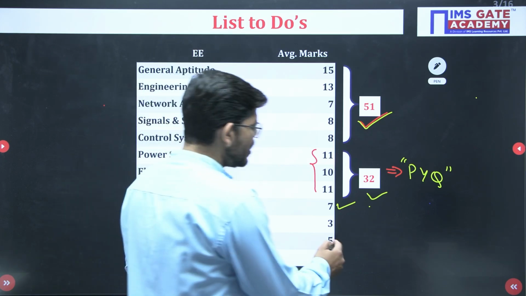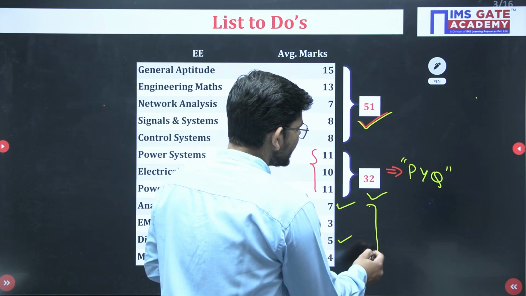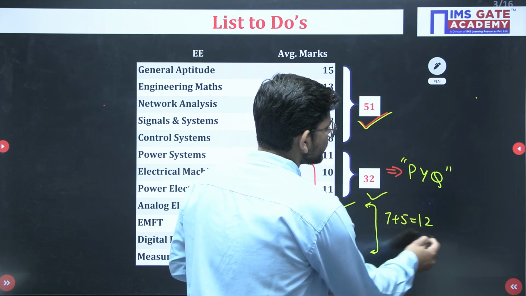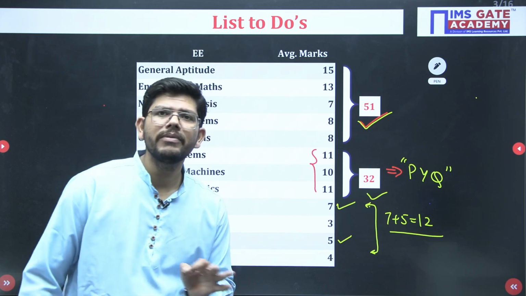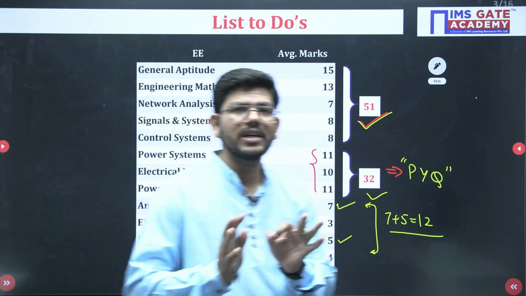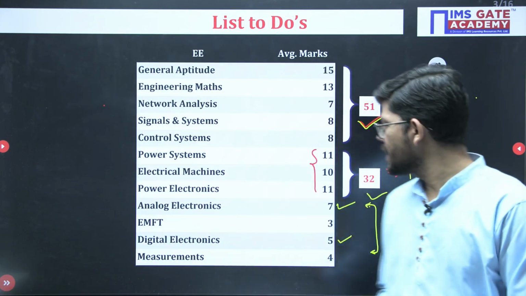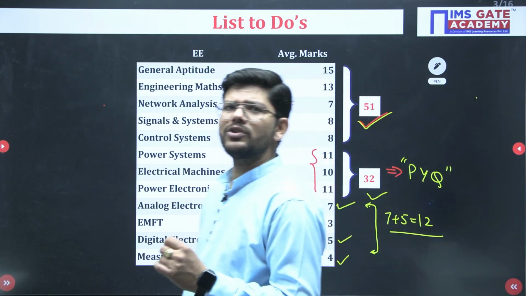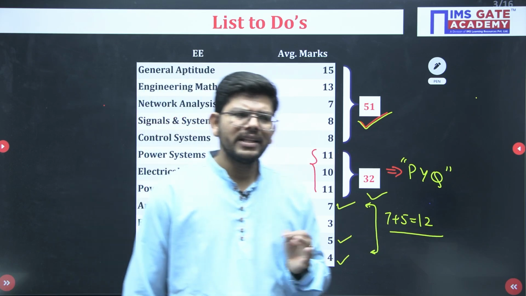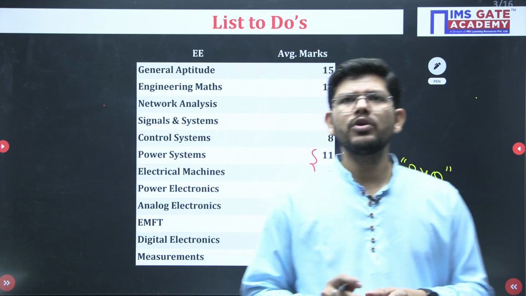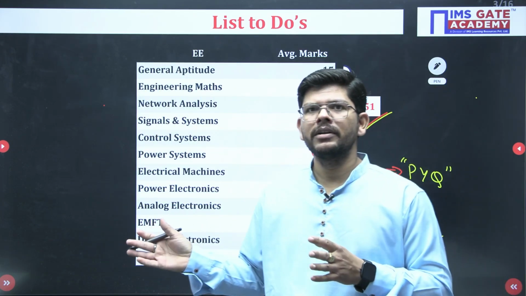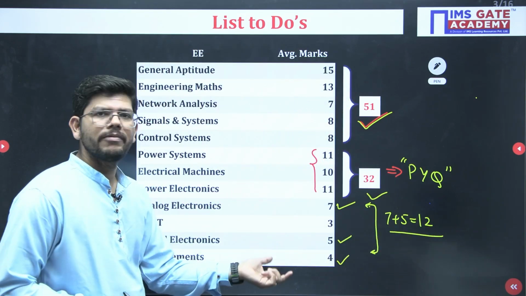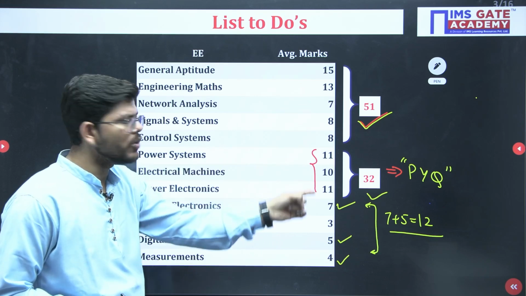So this analog and digital part, how many marks is it carrying? 7 plus 5 marks, 12 marks. And these 12 marks will be very easy. You only have to focus on certain topics. Then at the end we have measurement, which has only a weightage of 4 to 5 marks. There are certain topics which you should prepare. You don't have to prepare the complete measurement. So these are the subjects and their respective weightage. You should focus more on these subjects.